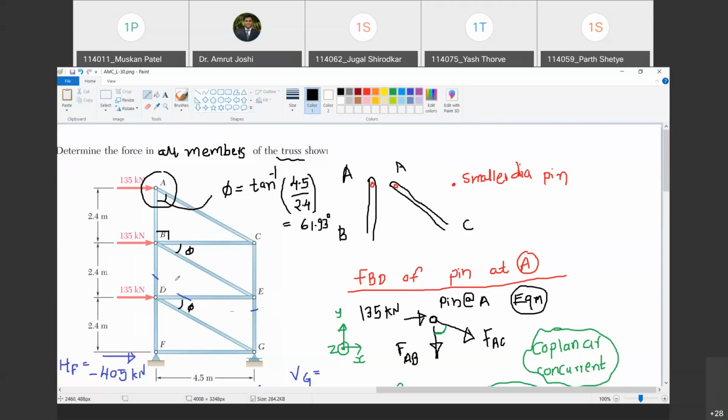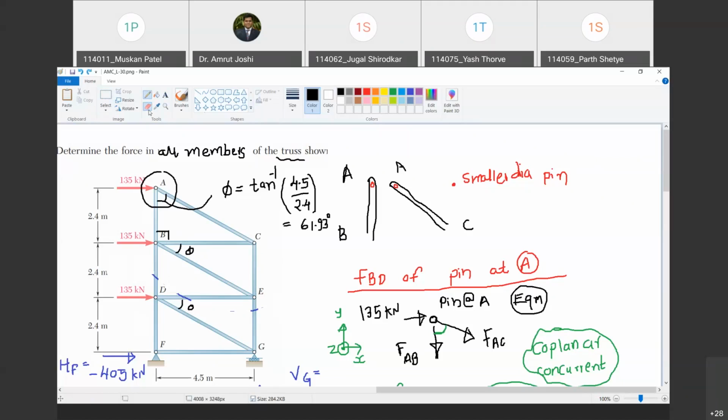No, 1 minute, 1 minute. We made a mistake. I'm sorry. Just give me a second. I will have to call this angle as alpha. This is going to be equal to tan inverse of this distance 2.4 divided by this distance. Sorry, there was a mistake while marking phi. Just give me a minute.